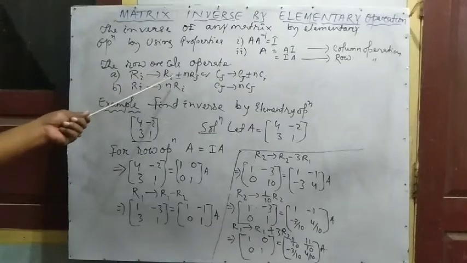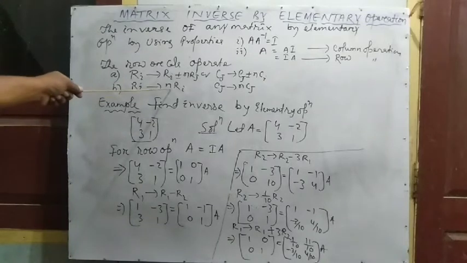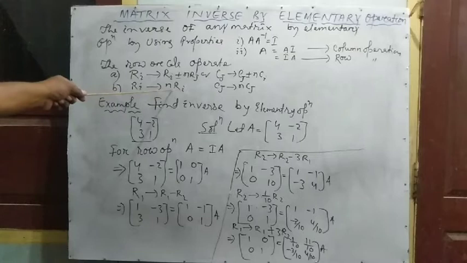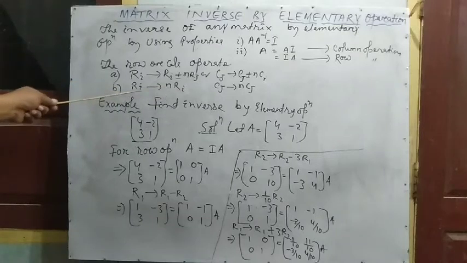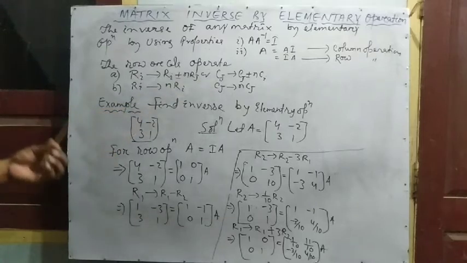Plus or minus anything you multiply with another row. But a single row can be changed by multiplying or dividing itself by any factor, for example Ri changes to n Ri. The column also changes in this way.